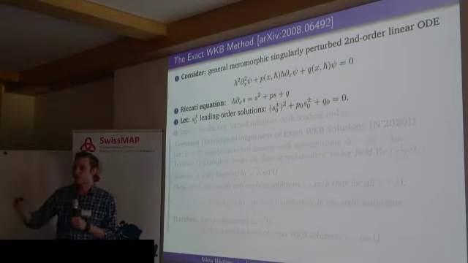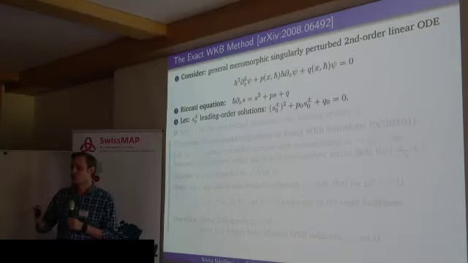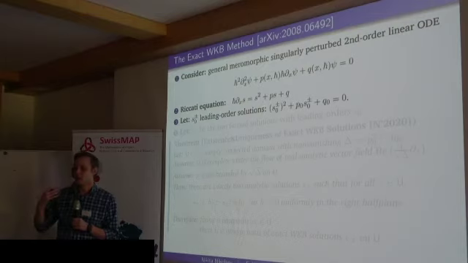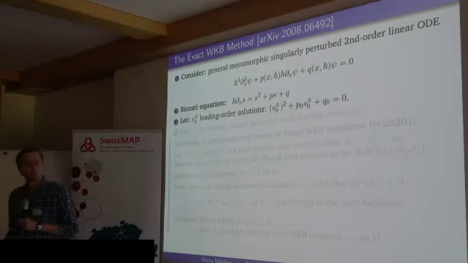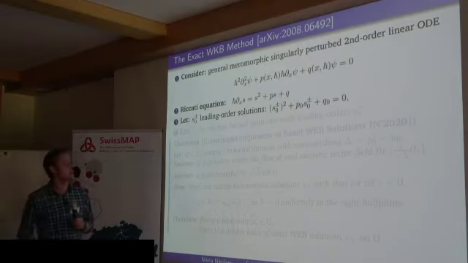The turning points, which for the Schrödinger equation were the zeros of the potential, here in this more general picture become the zeros of the discriminant of this quadratic polynomial. So that's the direct generalization.